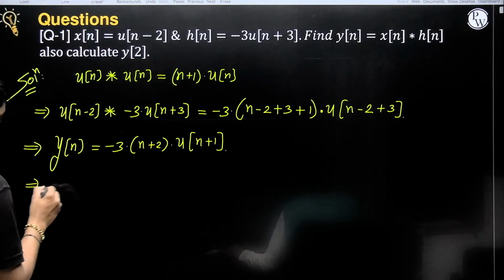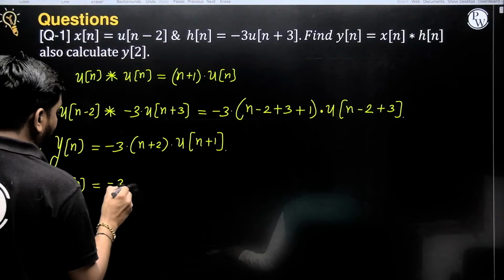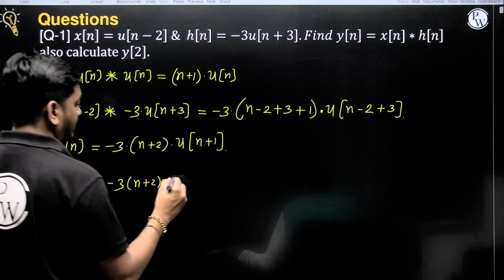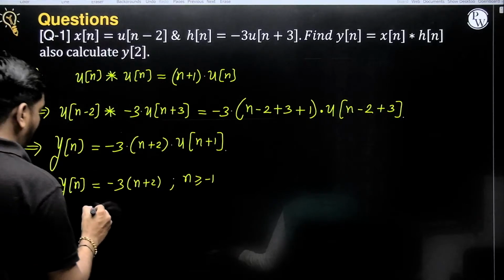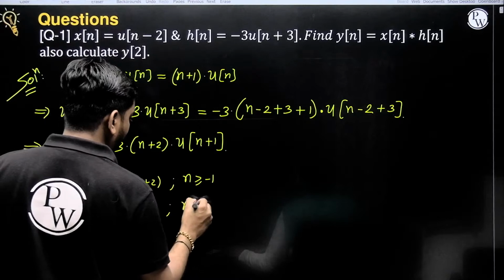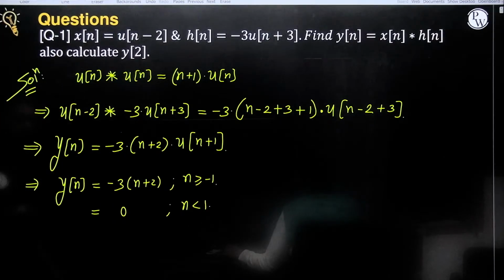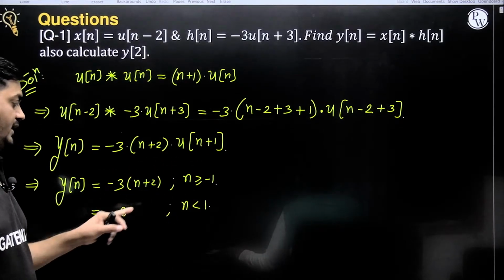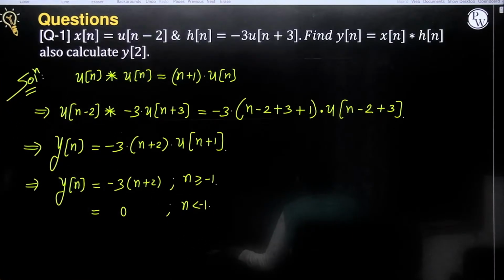Now know that y of n is minus 3 times (n plus 2) for n greater than or equal to minus 2. Because here it is u of n plus 2, so for n greater than or equal to minus 2 use this one, and for n less than minus 2 the answer is 0, guys.